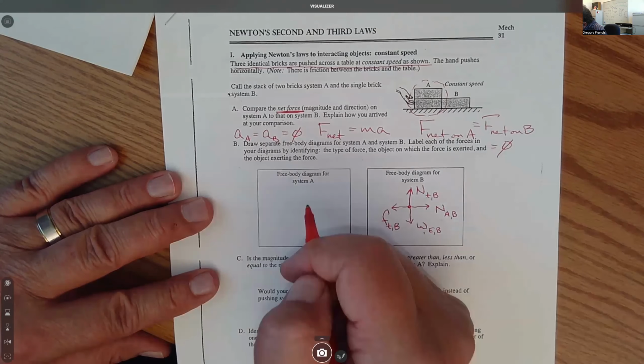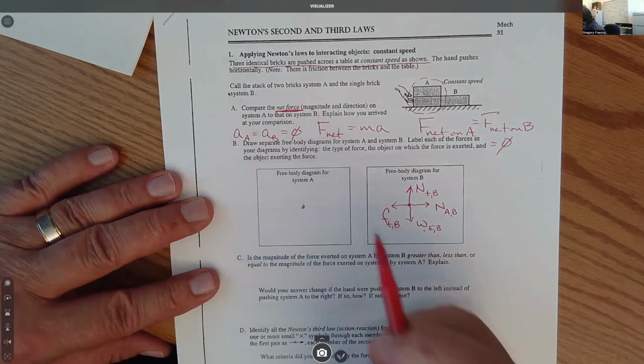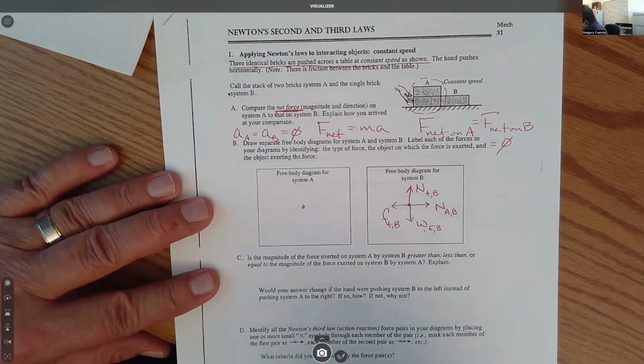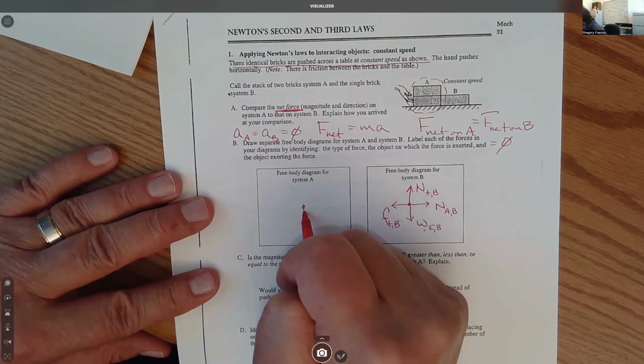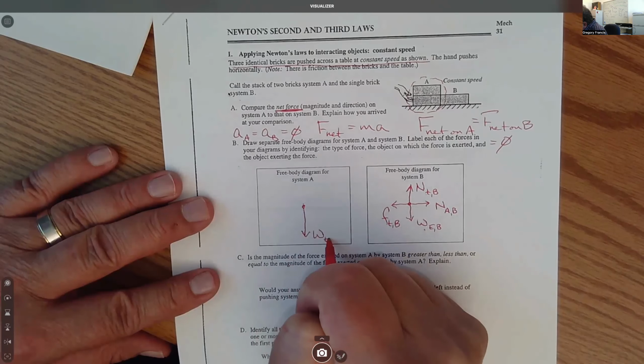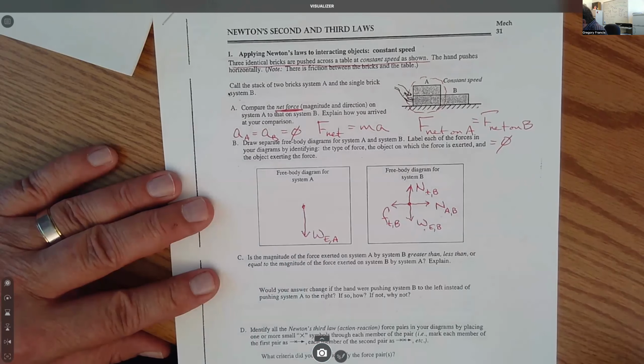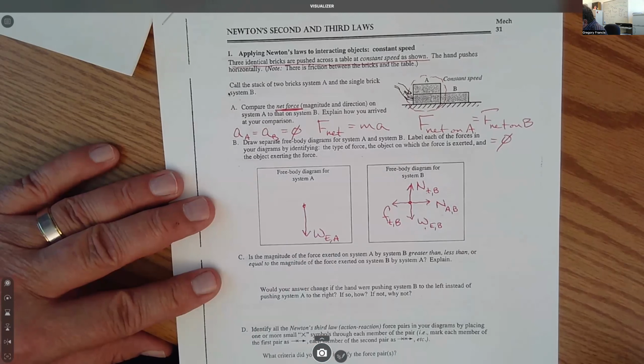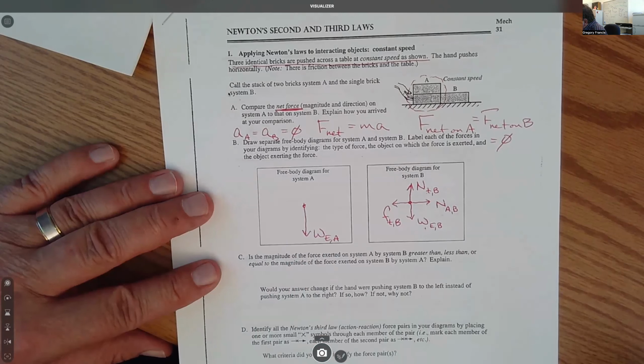So now let's draw a free body diagram for A. Well, A has twice the mass. It's 2 bricks, so it's going to have twice the weight. Again, there's no magnets, so we don't have to worry about that. And then I ask, what touches A?